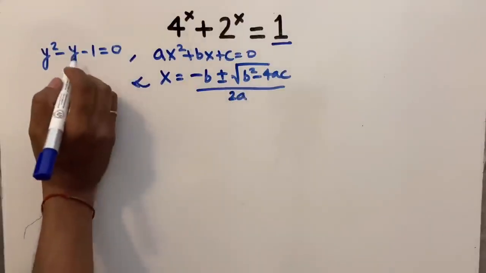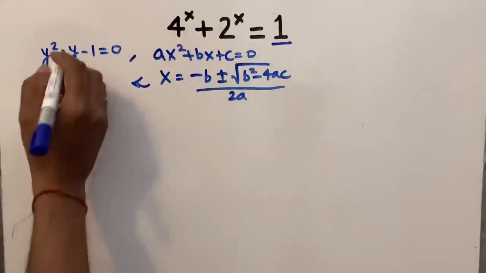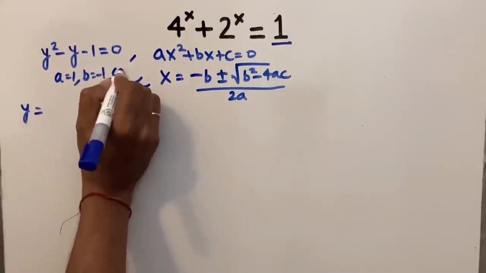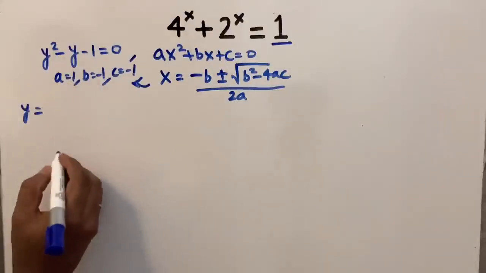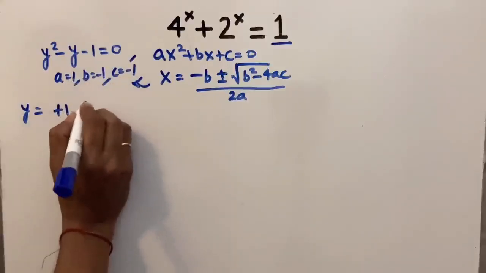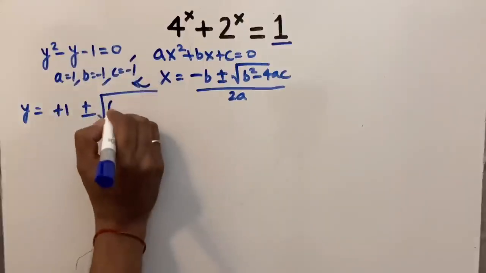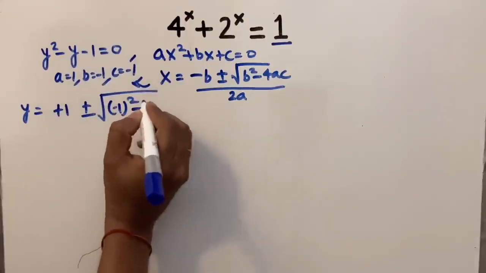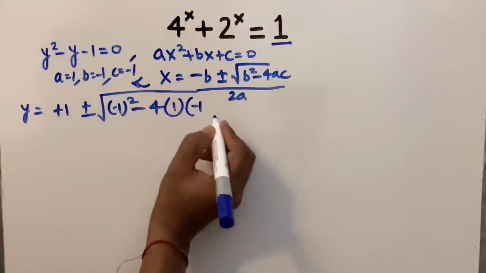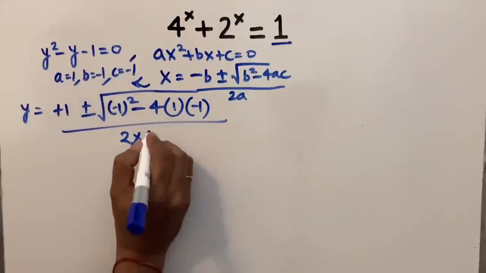So for this quadratic equation, the value of y comes as y equals to, here a equals to 1, b equals to minus 1 and c equals to minus 1. So y comes minus b is plus 1 plus minus square root, b is minus 1, so minus 1 square minus 4, a is 1 multiply c is minus 1 divided by 2 multiply a equals to 1.